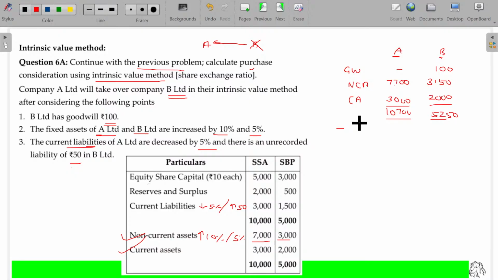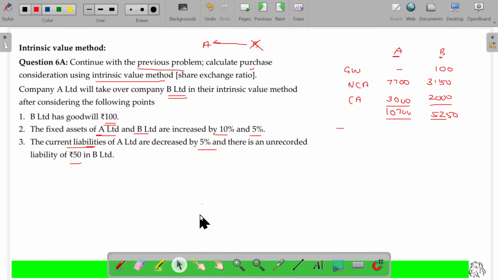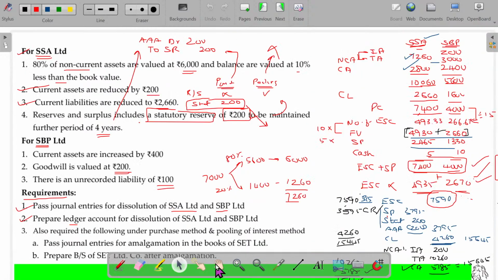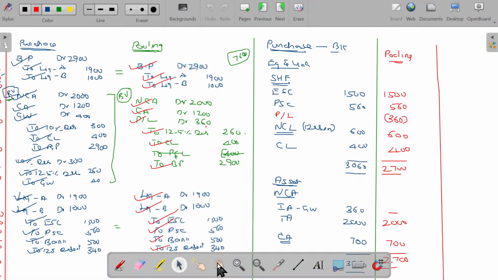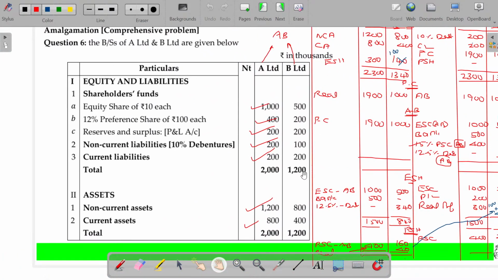Is that the same illustration? So I've chosen the wrong illustration. Okay, sorry. Okay, so I shifted to that page.